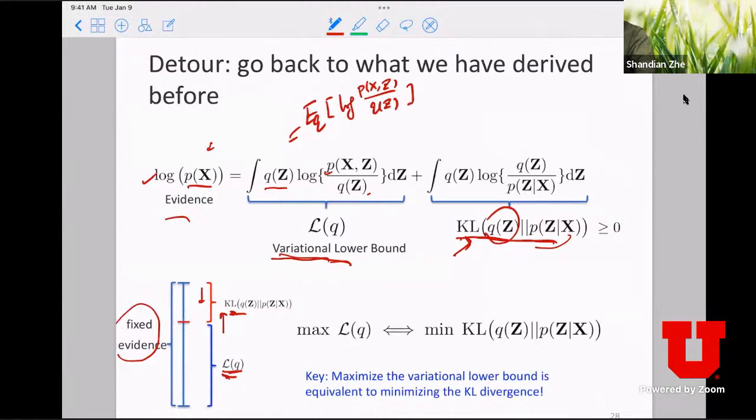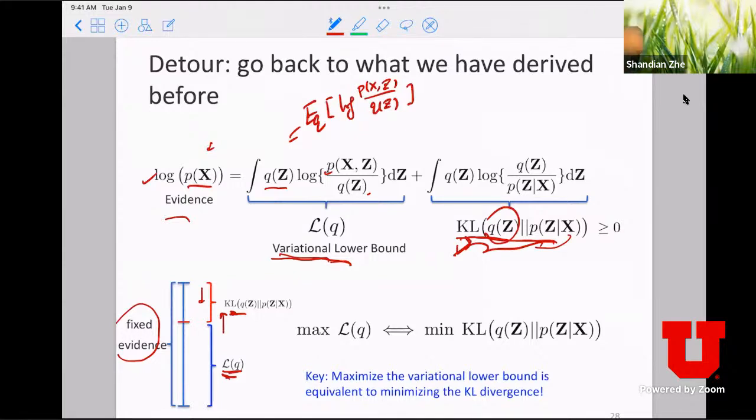Of course, because you restrict the family of Q(z), you limit the range over which you optimize. So that means your KL divergence will always be non-zero.